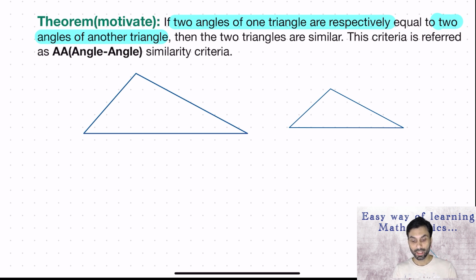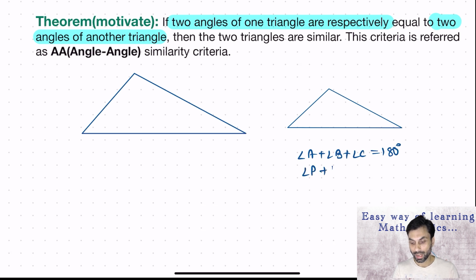By the angle sum property, we can say that angle A plus angle B plus angle C is 180 degrees, and also angle P plus angle Q plus angle R is 180 degrees.